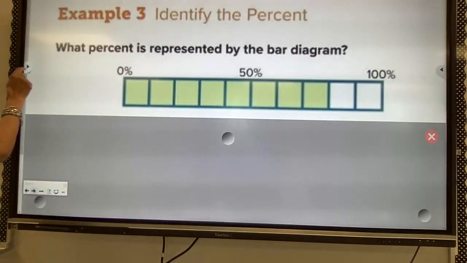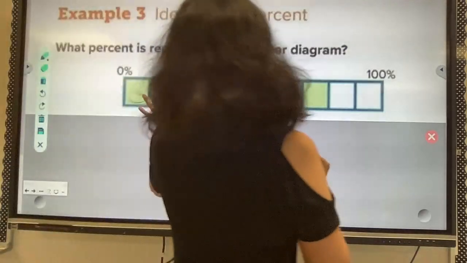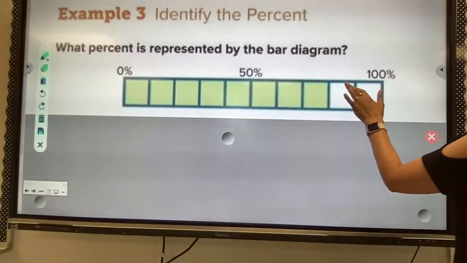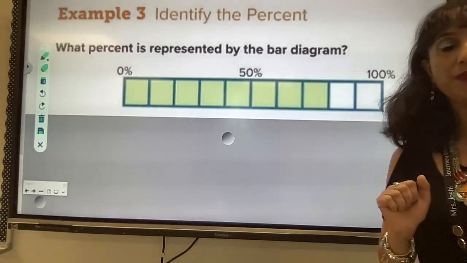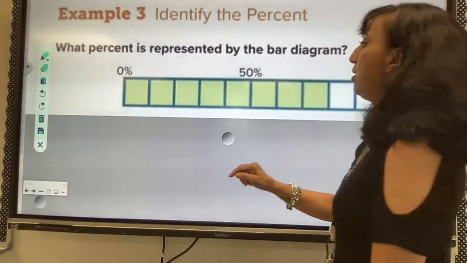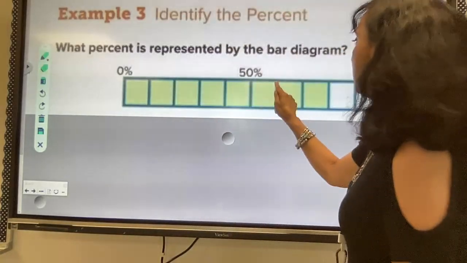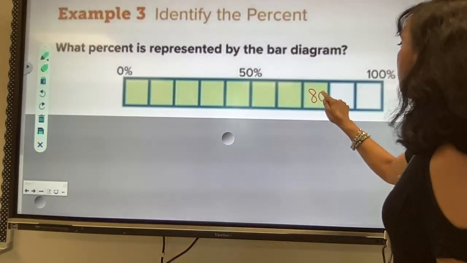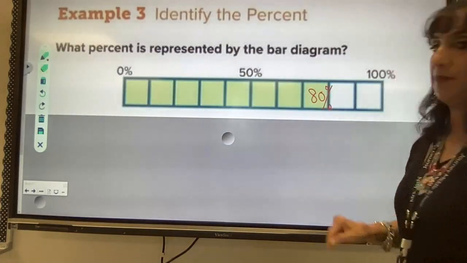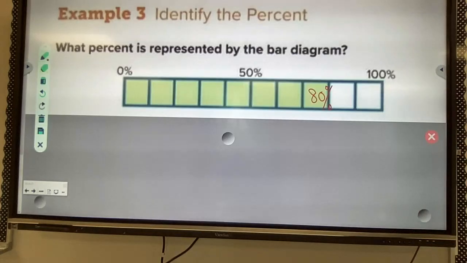If I'm looking at this, we can see that there are 1, 2, 3, 4, 5, 6, 7, 8, 9, 10 parts over here. So this is 10, 20, 30, 40, 50, 60, 70, 80% is what is represented, because the bar diagram is divided into 10 equal sections.